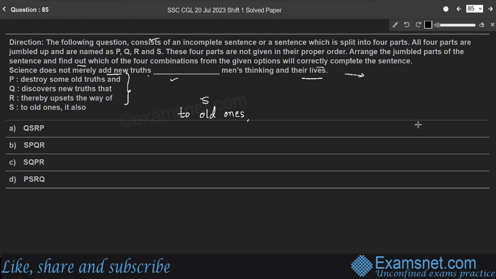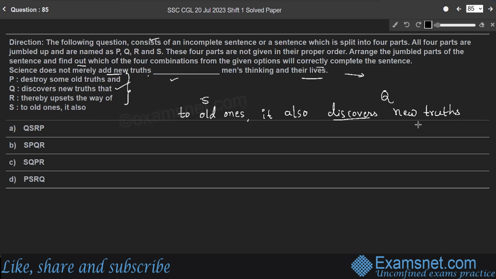Moving further, next comes, it also discovers new truths, because science also discovers new truths, which is part Q. So S should be followed by Q, as it completes the phrase it also with the help of the verb discovers. So it also discovers new truths.